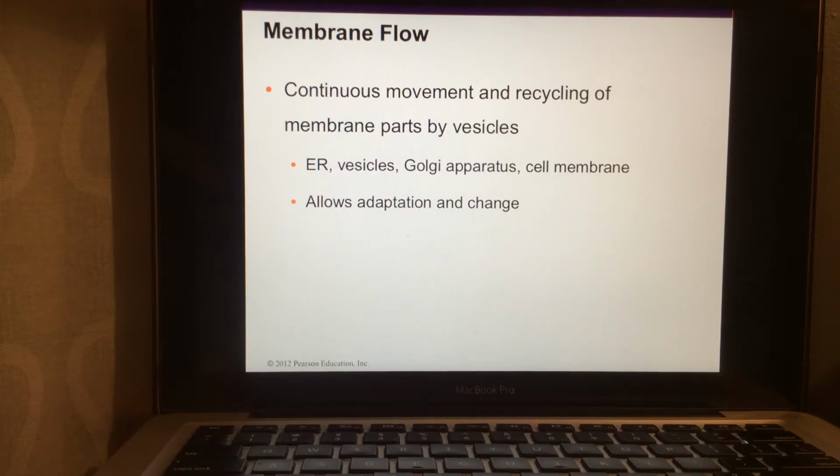And this is going to allow the cell to change, remove or recycle segments of the plasma membrane. It's a continuous communication by the vesicles. And again, in an actively secreting cell, the entire plasma membrane could be changed in an hour. So it's very adaptable and changeable.